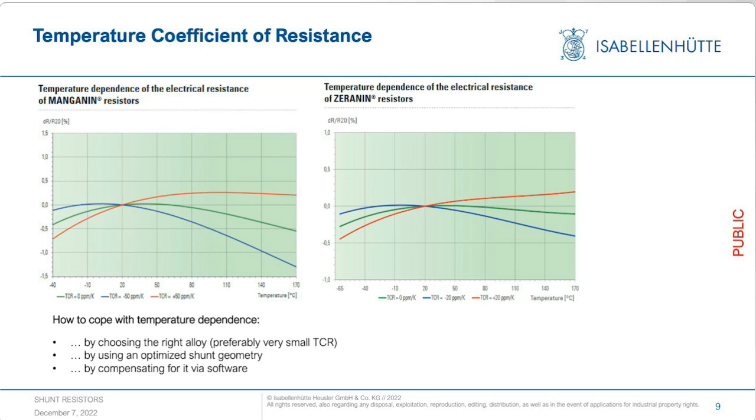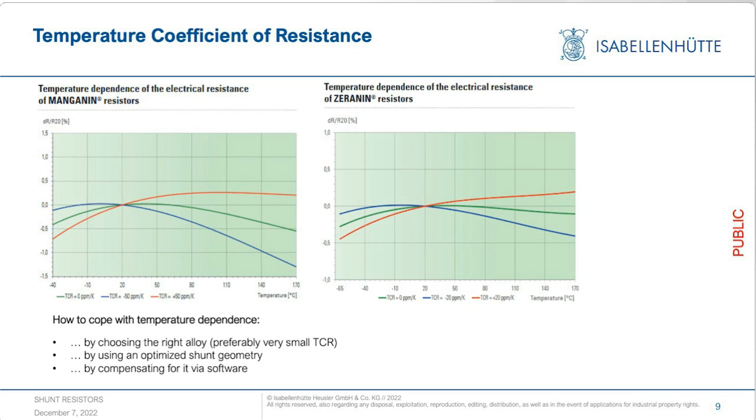You can find three graphs in each plot, one for 0 ppm, one for 50 ppm, and one for minus 50 ppm for the manganin resistors, and a TCR of 0, minus 20, or plus 20 for the zeranin resistors.